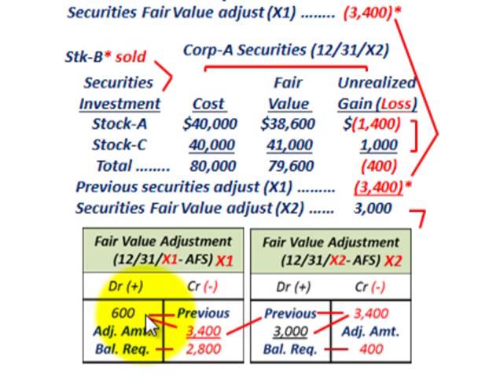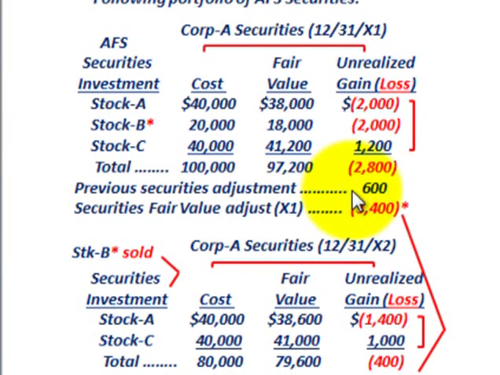So it's taking the $600 debit, and the credit amount of $3,400 is going to be our required balance, the balance that is required is the $2,800, and that is our adjustment. Going back up here, that was the balance that we required, $2,800. The previous amount of the adjustment was $600, so that is our adjustment of $3,400.